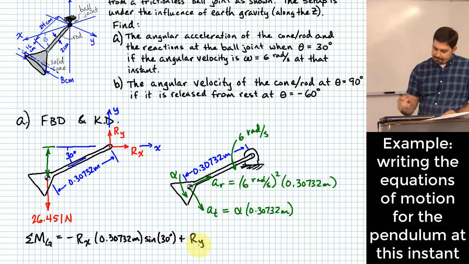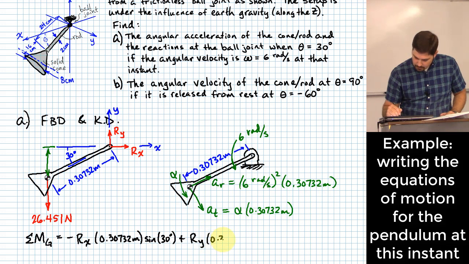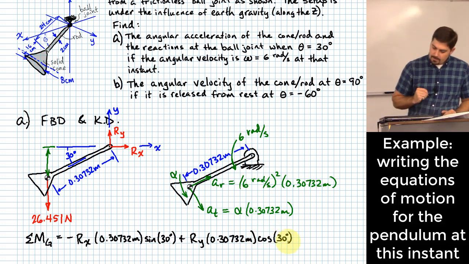Well, it's going to be just the entire length from the pin to the CG multiplied by the cosine of 30 degrees. Okay, so 0.30732 meters times the cosine of 30 degrees.